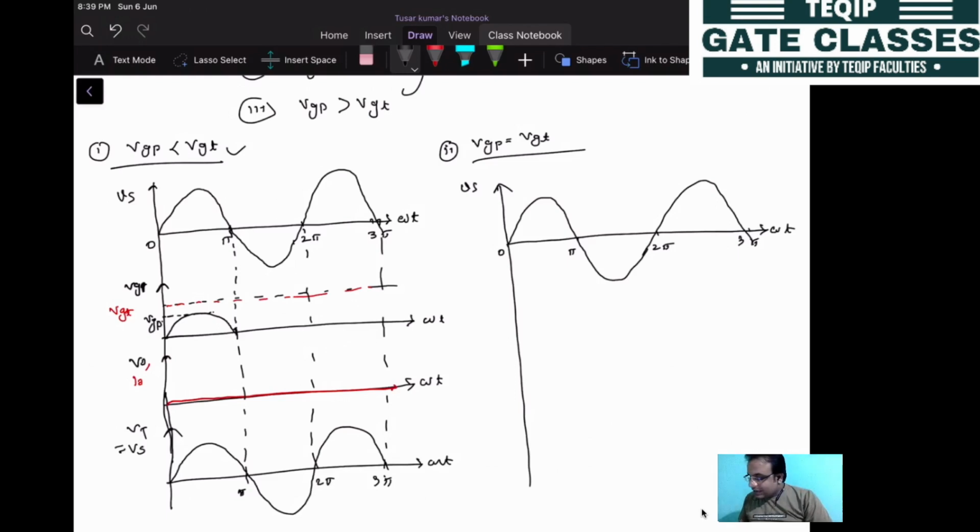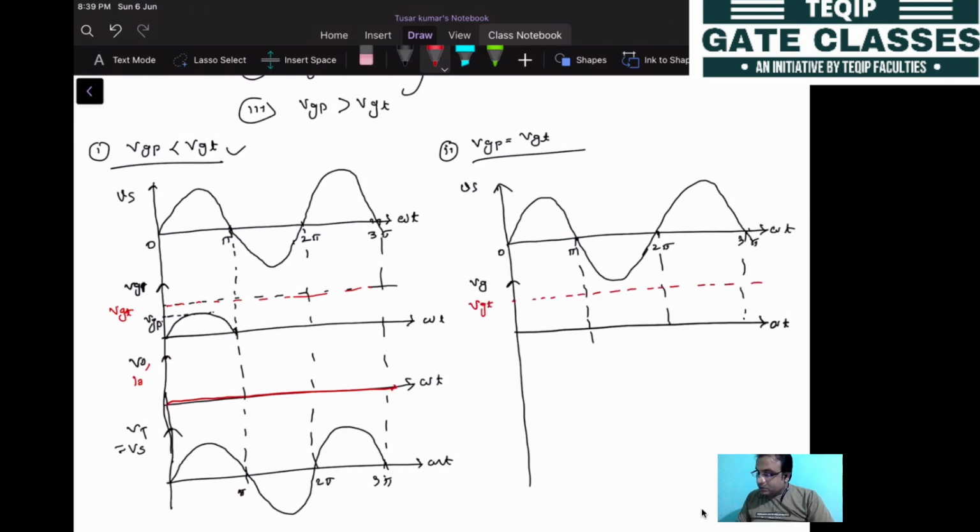Next, we will be plotting the gate voltage Vg. Here the condition we have taken is VGP equal to VGT, so this is the level of the gate voltage VGT.